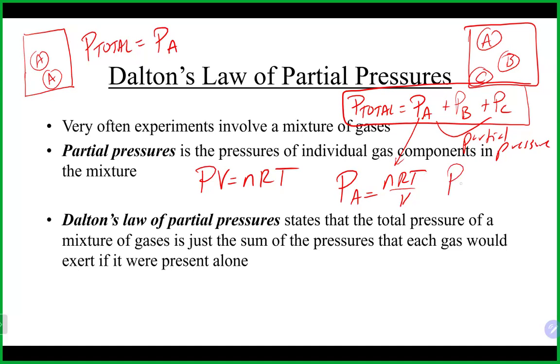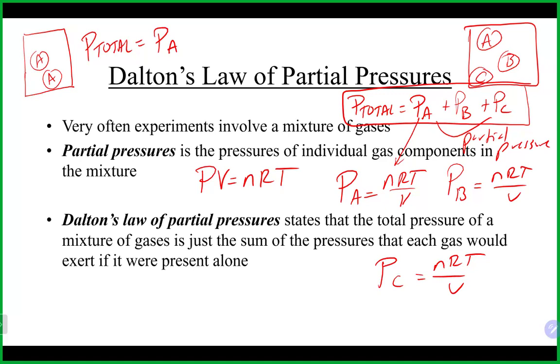You could solve for P for gas A, solve for P for gas B, and solve for the partial pressure of gas C by using the ideal gas law basically 3 times. Because they are not interacting with one another, you could almost think of them as being in there by themselves.